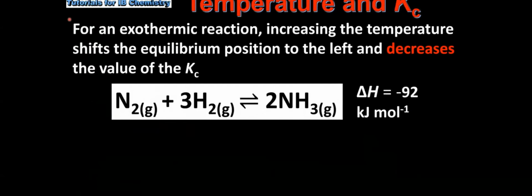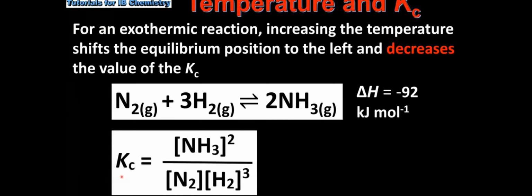Next, we look at the effect of temperature on the value of the equilibrium constant Kc. So for an exothermic reaction, increasing the temperature shifts the equilibrium position to the left and decreases the value of the Kc. As we saw in a previous slide, the forward reaction of the Haber process is exothermic.